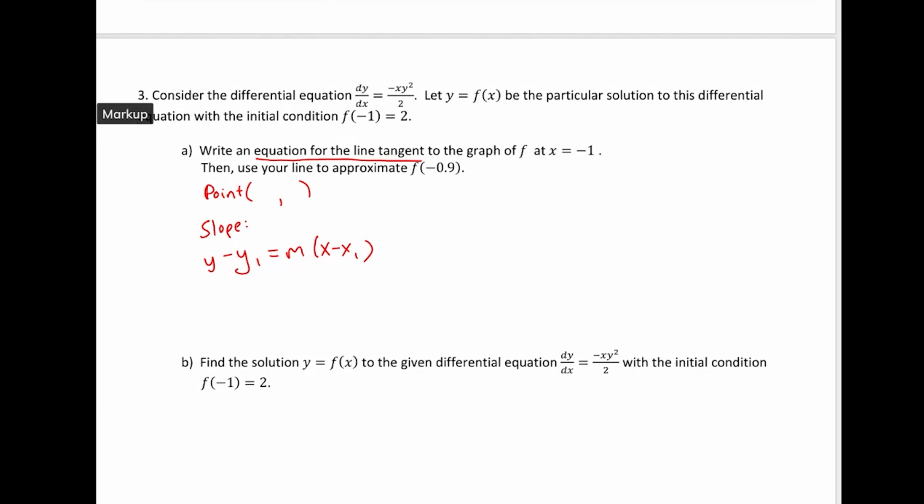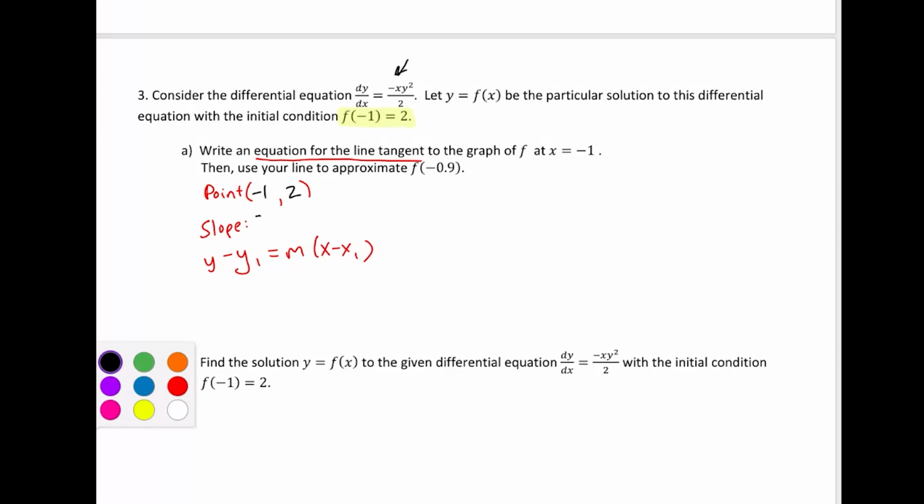It says f of negative 1 is 2. So that's going to be my point. The slope, I'm going to have to calculate using this slope equation. Keep in mind that dy dx is simply the slope of f of x. So the slope is negative x, in this case negative 1.